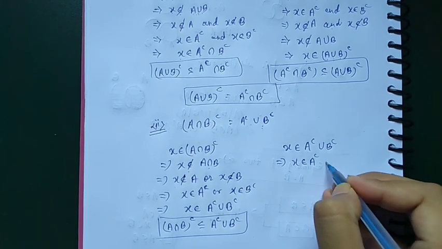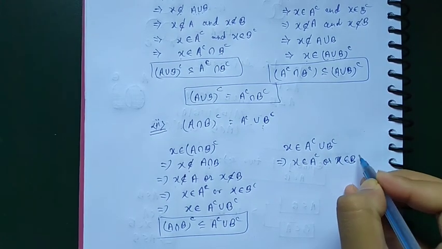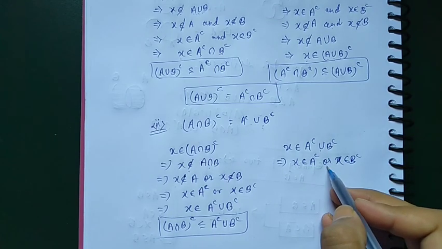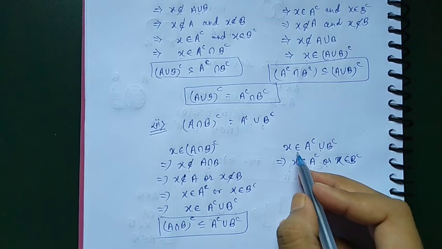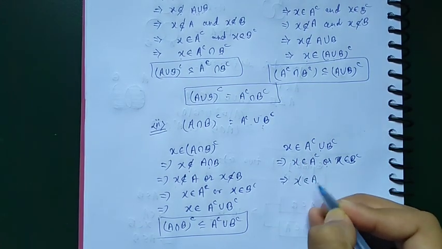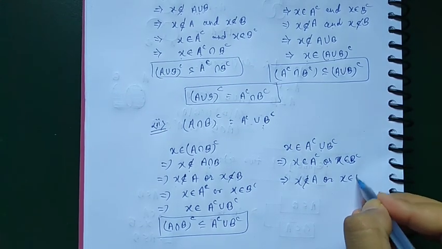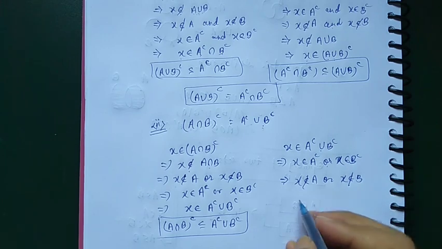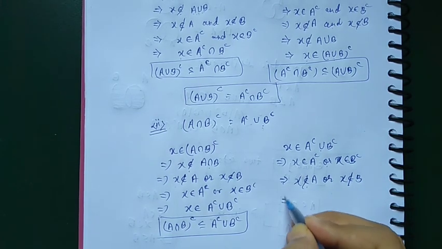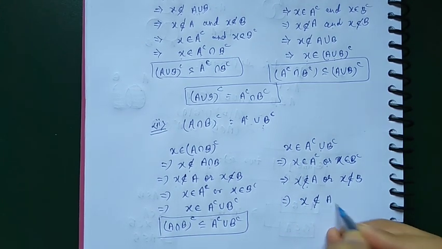X belongs to A complement or X belongs to B complement, because here it is union, so we will use OR. There exists no negation here. This will imply X doesn't belong to A or X doesn't belong to B. Now it is OR and negation, so we will use intersection, not union.